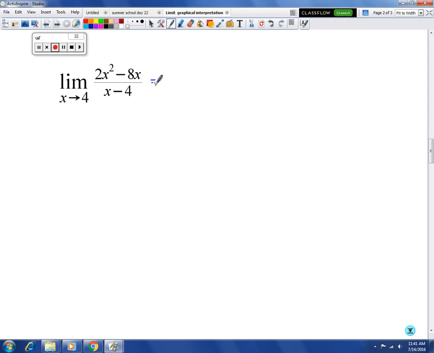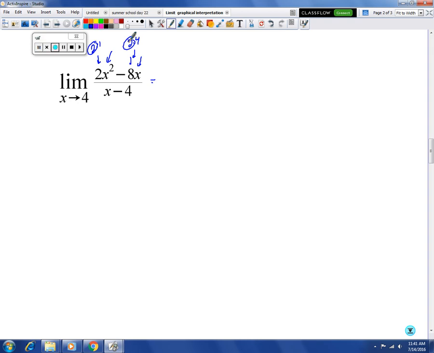Now this type of factoring is common factoring, because if you look in the numerator, both terms have an x in there, so they have something in common. They also are both multiples of 2. The 2 is 2 times 1, and the 8 is a 2 times a 4. So they also have a 2 in common.